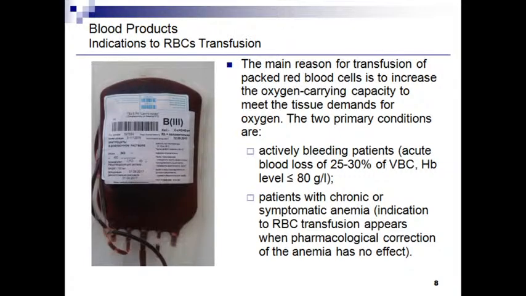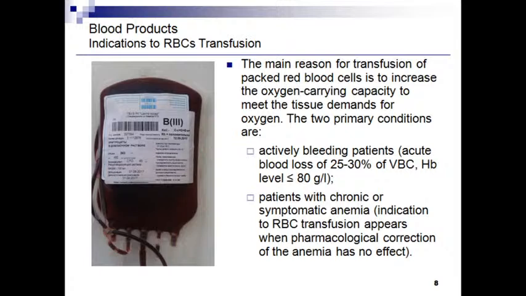Indications for RBC transfusion. The main reason for transfusion of packed red blood cells is to increase the oxygen carrying capacity to meet the tissue demands for oxygen. There are two primary conditions for transfusion of RBCs.